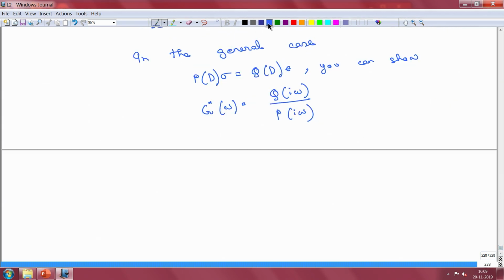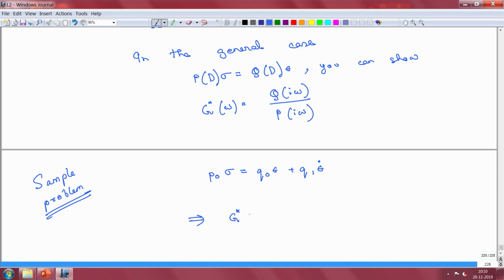One more last quick sample problem. From the Kelvin Voigt body you have P naught sigma equal to Q naught epsilon plus Q 1 epsilon dot, right. So, this is the governing equation for the Kelvin Voigt body. If you apply this generalization, it makes things very straightforward.